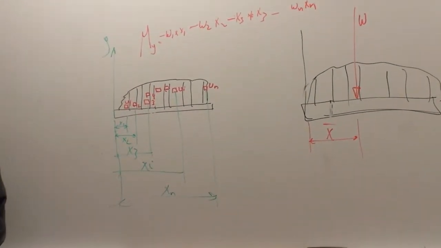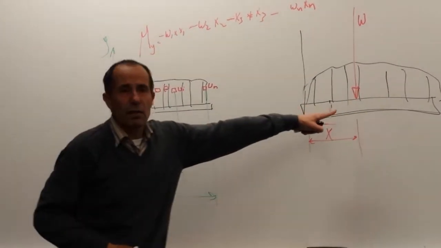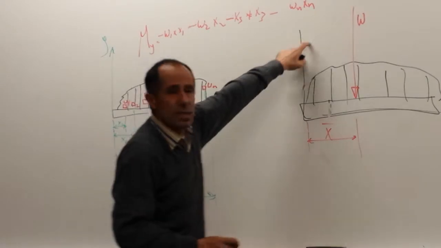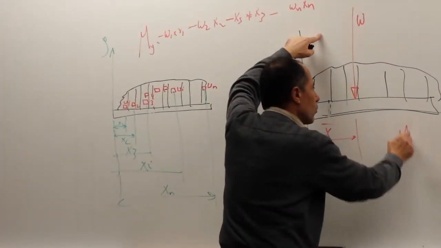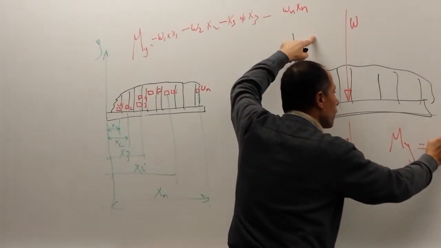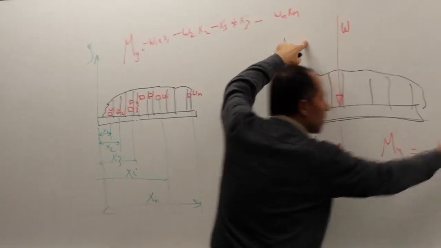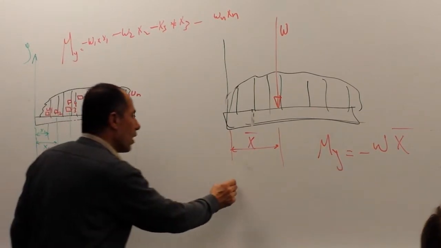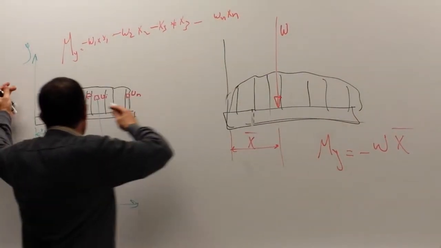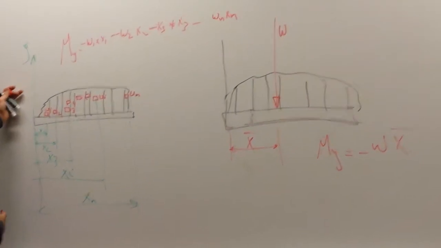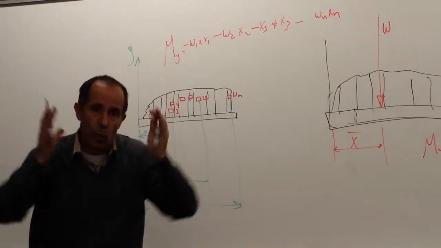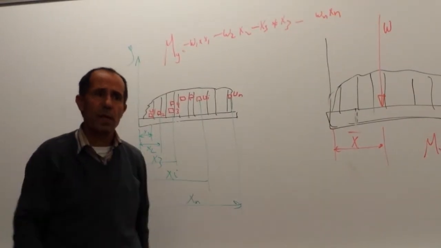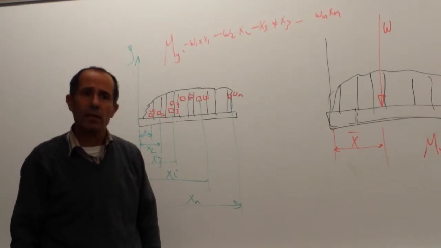Agree on this? What about the moment on the y-axis from this one? Moment on the y-axis, negative W x bar. Agree? This is supposed to give you the same moment, whether you deal with it as one unit or you break it down into small pieces, correct?